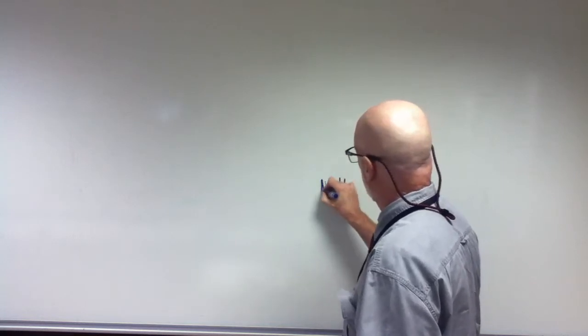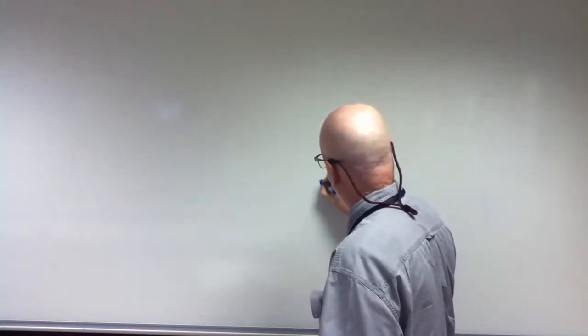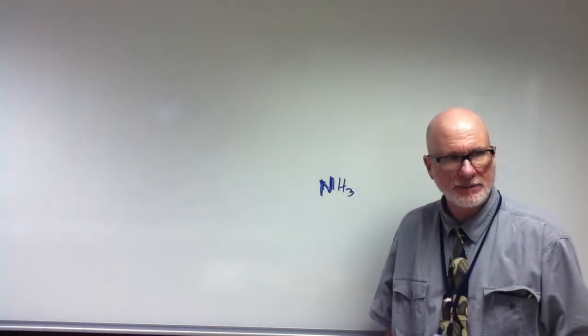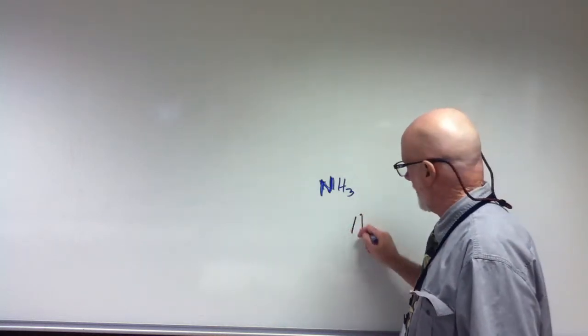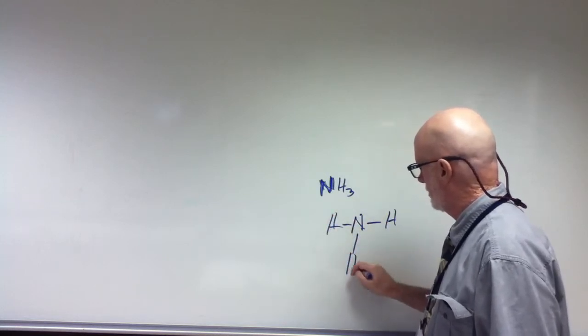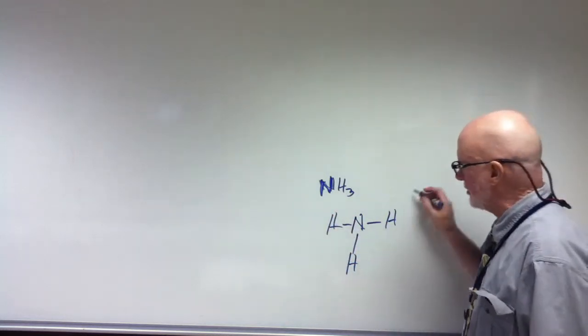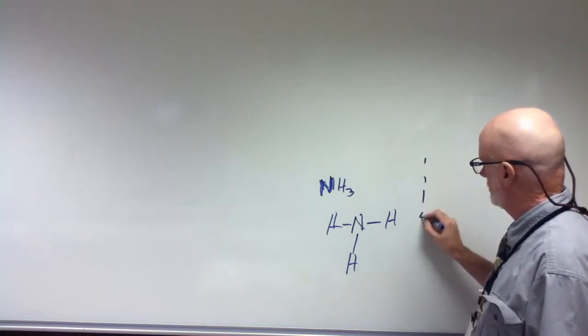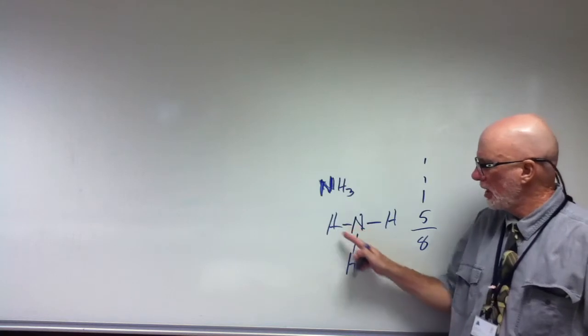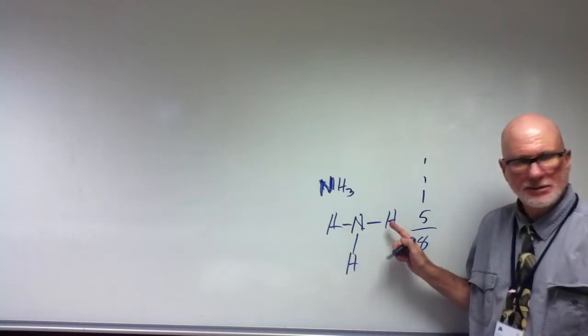NH3. Ammonia, NH3. Okay? And then we'll quit. So obviously it's going to be N like this, right? So you take down your valence electrons: 5, 1, 1, 1, that's 8, correct?